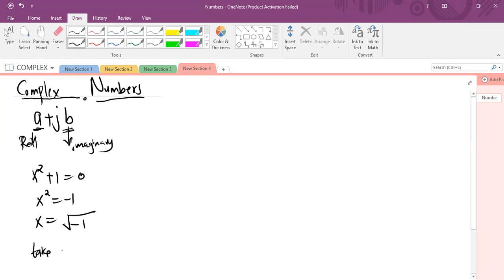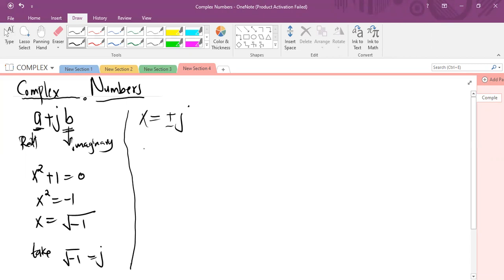So we take the square root of minus 1 to be equal to j, such that now if we are evaluating this, the answer of x will be equal to plus or minus j. And this is exactly how the complex numbers come about.